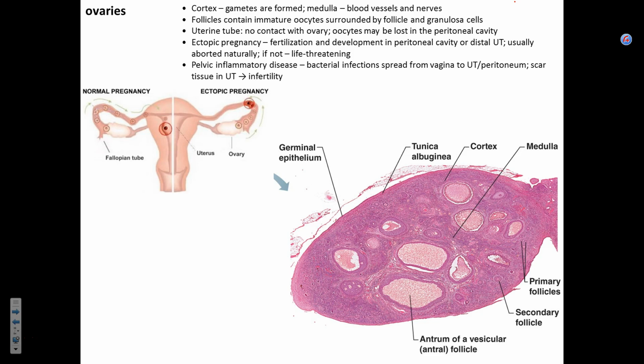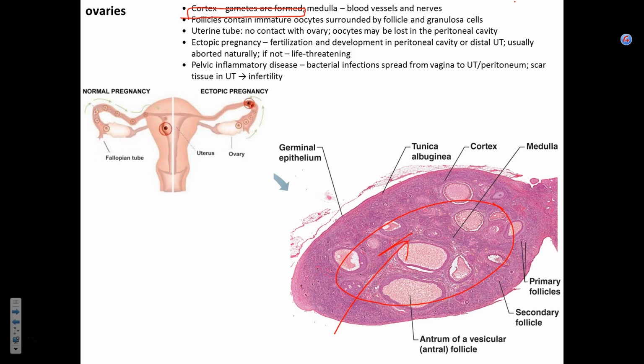Ovary has a cortex, outer cortex, and inner medulla. Cortex is loosely the layer in which gametes, in this case oocytes, are formed. And medulla contains blood vessels and nerves, blood vessels that deliver nutrients and oxygen to the tissue where growing gametes are. That makes sense?